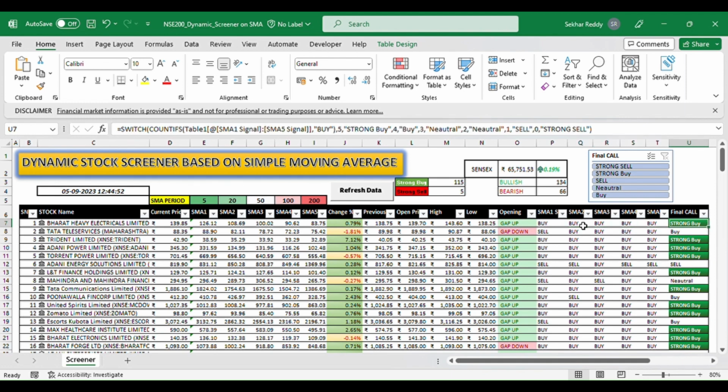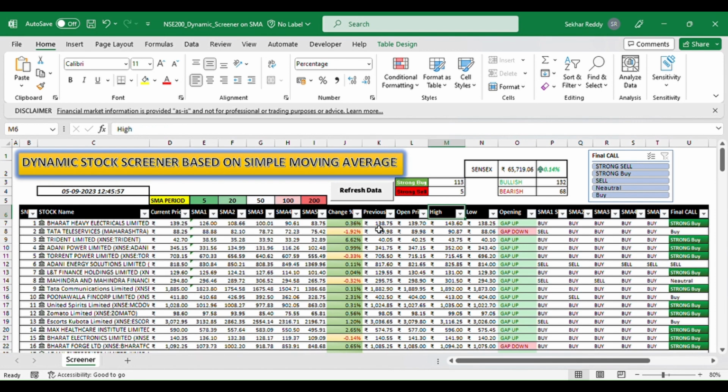Accordingly I can take a call. Along with the simple moving averages, we have various parameters like the previous close of that particular stock, and then open price, high, low. The opening tells whether it opened gap up or gap down.